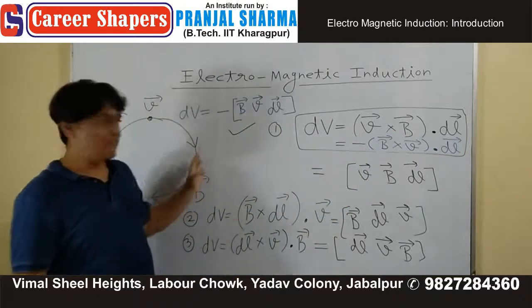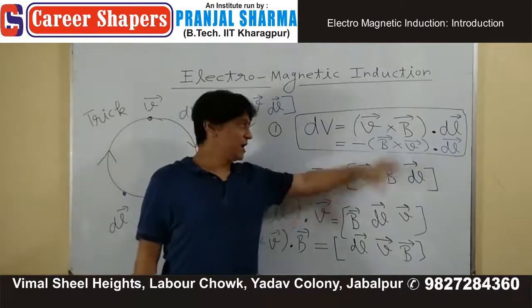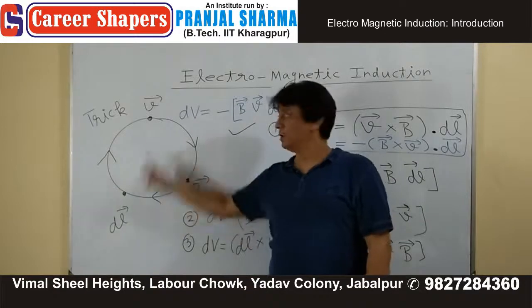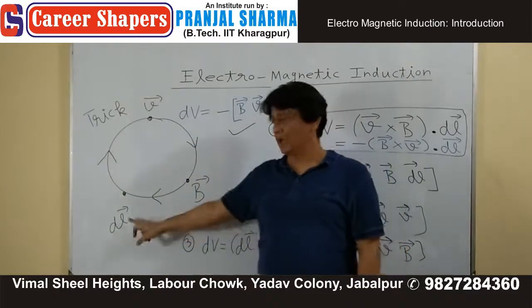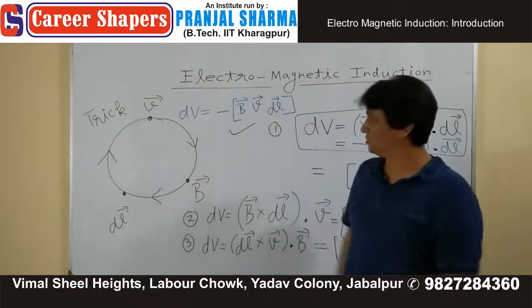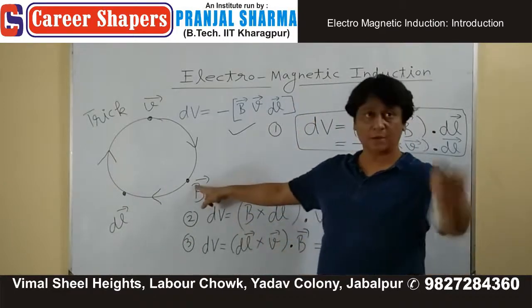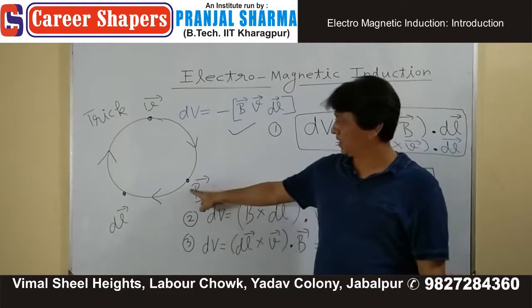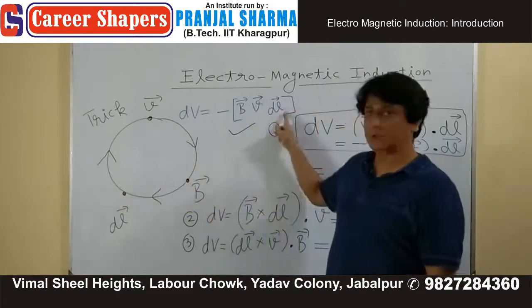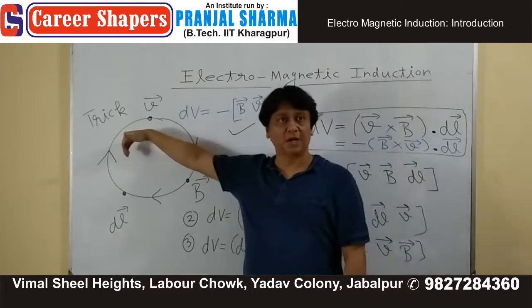So you don't have to now remember each and every part. Simply write down V, B, dl clock. If somebody tells you B, V, dl, then you are moving in the opposite direction.